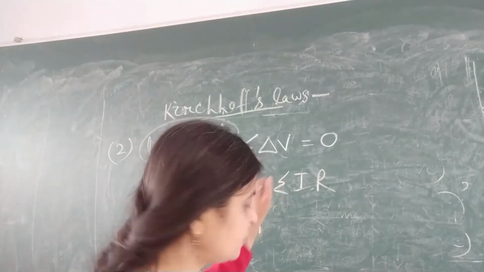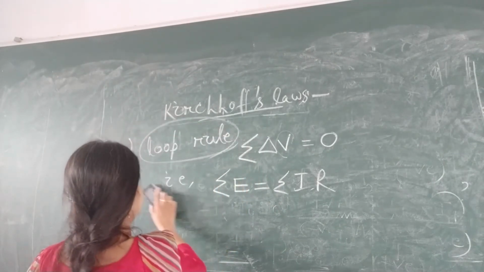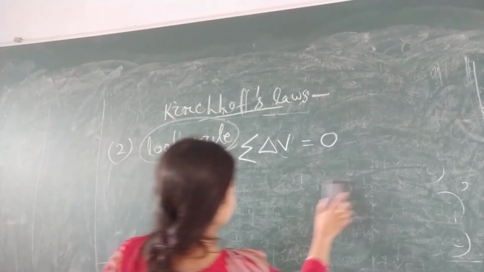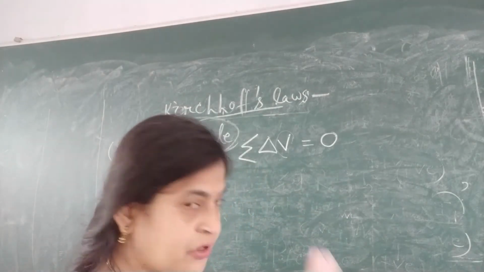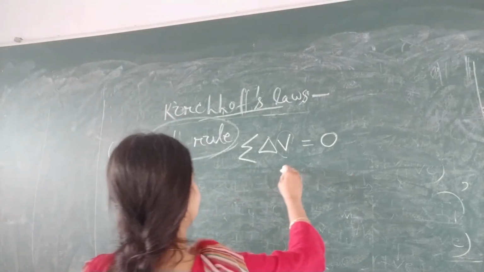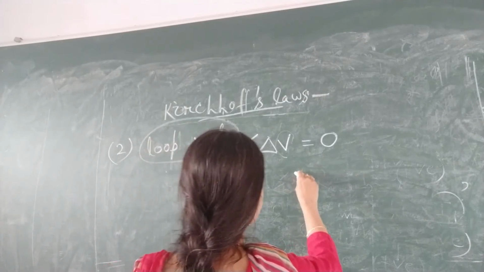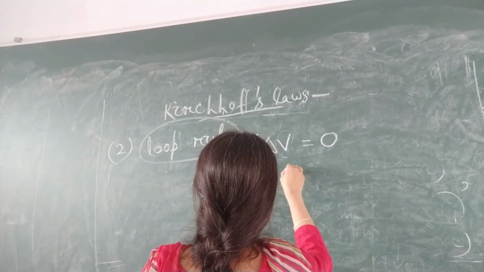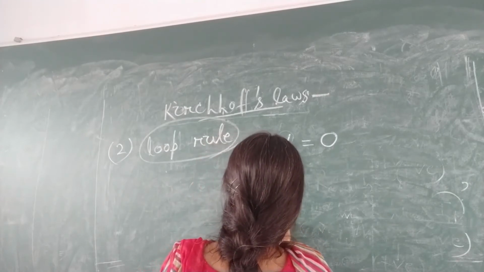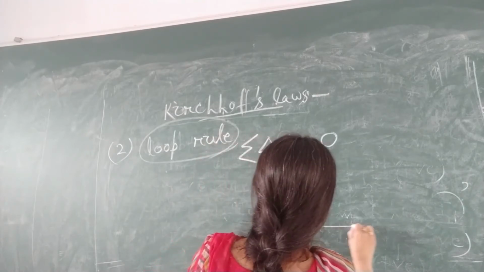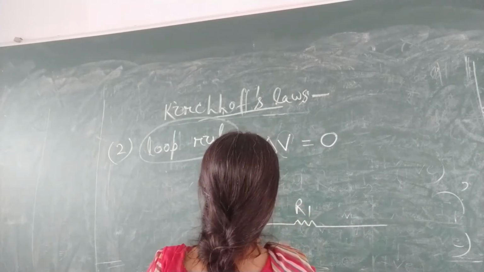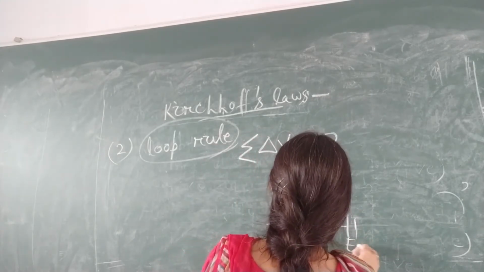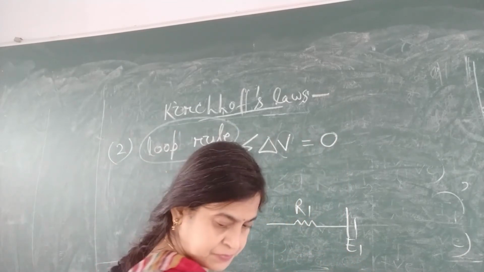Now, what do you mean by this? For example, suppose I am drawing a circuit where 3 resistors are connected. This is your resistor R1 and this is E1.